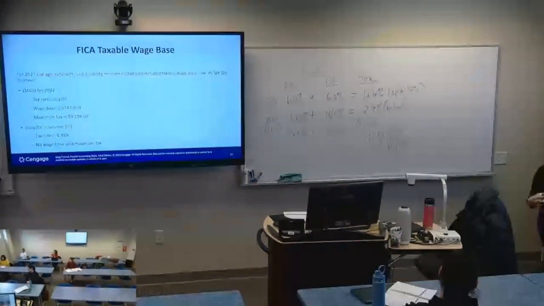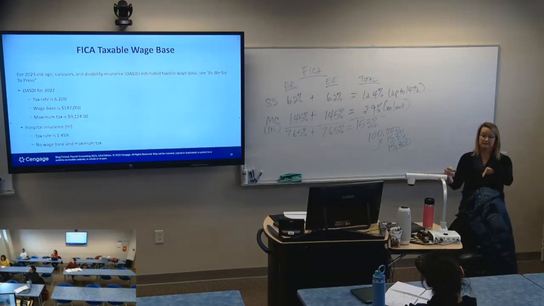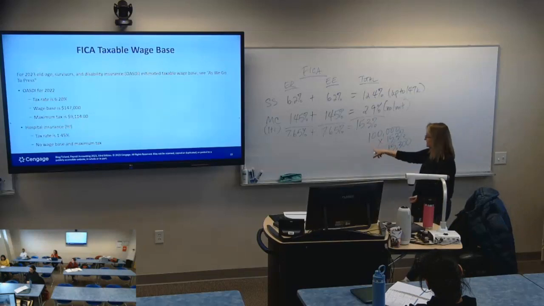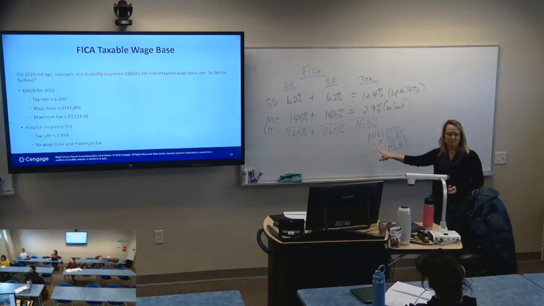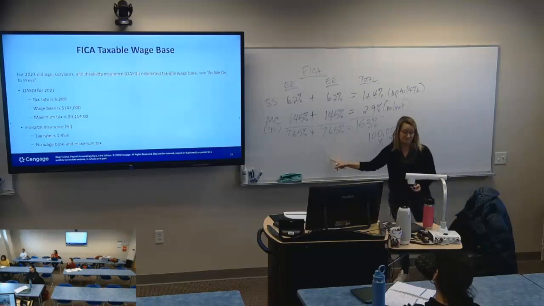So when you're an employee and you get your pay stub and you see how much has been taken out for FICA, keep in mind your employer has also paid that amount. Over and above your wages, your employer is also paying this tax. This is the reason why employers will make efforts to hire independent contractors instead of employees, to save this 7.65%.